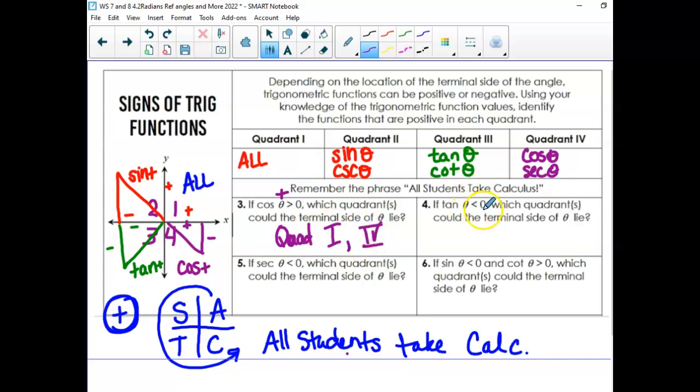Okay, tangent is less than 0, so tangent is negative. Tangent is positive in 3. They're all positive in 1, so where would it be negative? 2 and 4.